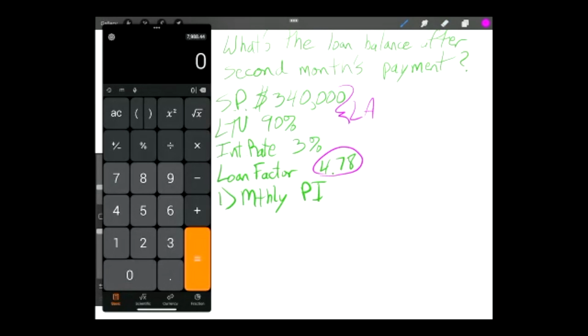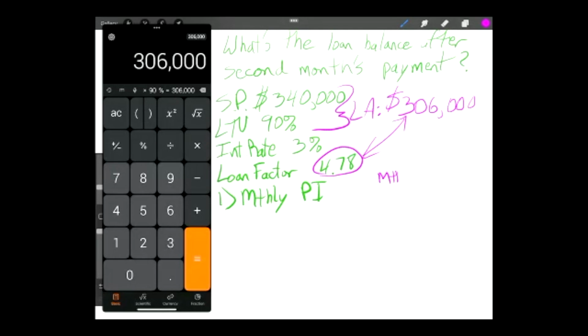We're going to get the loan amount by multiplying these numbers together. And that loan amount is, take our 340, multiply it by 90%. That means we're borrowing 306. So we need these two things. We're going to plug them in.